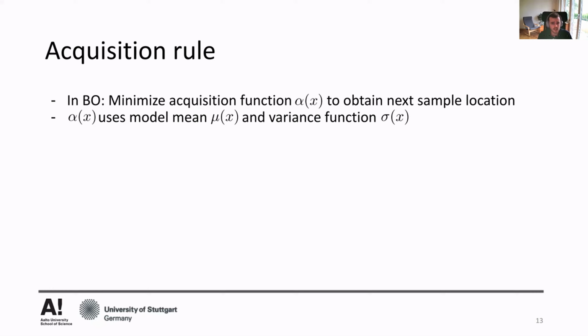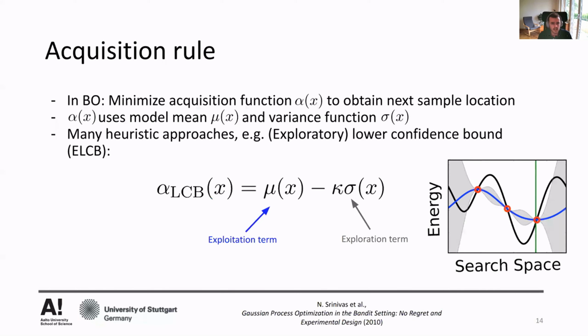Now in Bayesian optimization, the acquisition rule typically uses the posterior mean and the posterior variance function. And one successful heuristic approach is this so-called ELCB function, which is also quite easy to interpret, because here we just have two contributions, by the posterior mean and by the posterior variance.